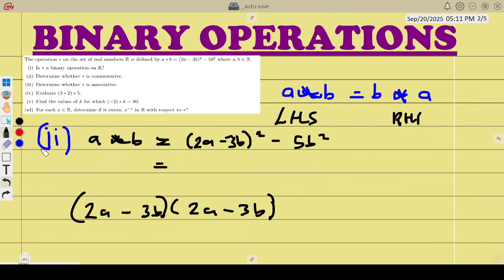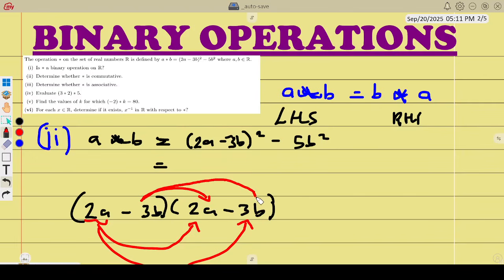So you multiply 2A by 2A, again 2A by 3B, again 3B times 2A, and then 3B times 3B. That's what the power means.